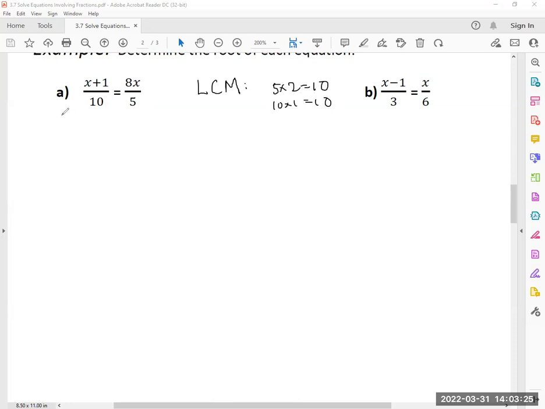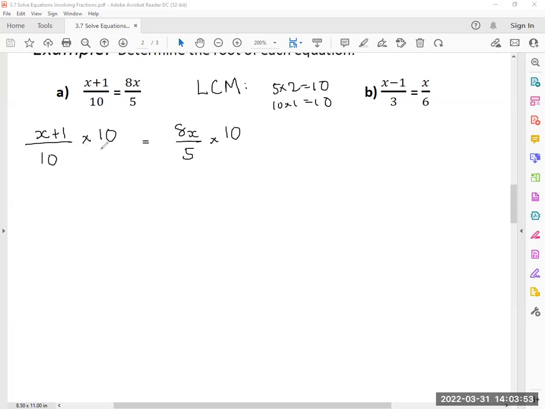So here's what you do. Take these fractions and multiply by the lowest common multiple. I'm going to show everything because it's the first time.